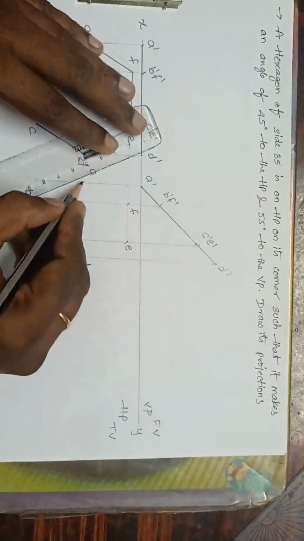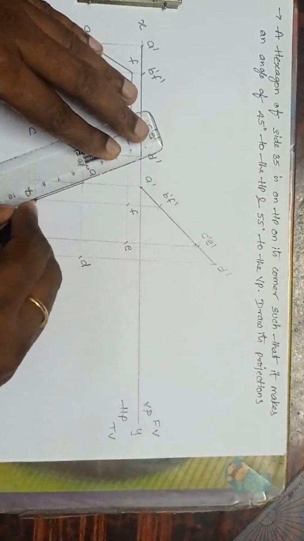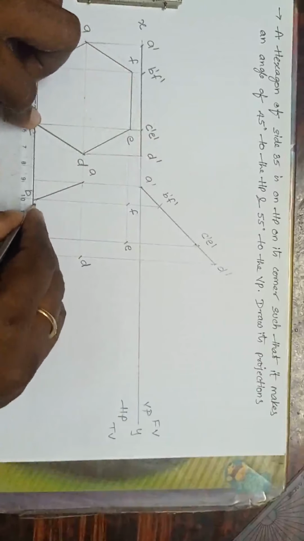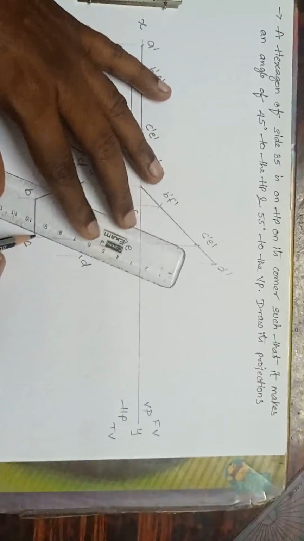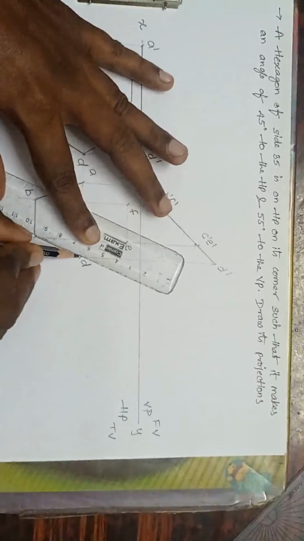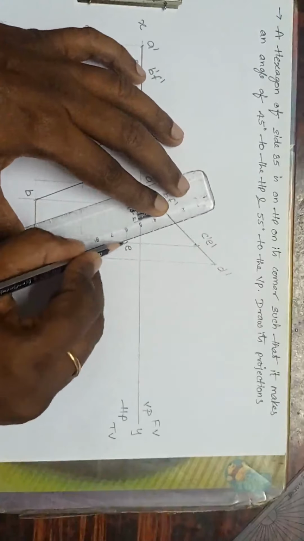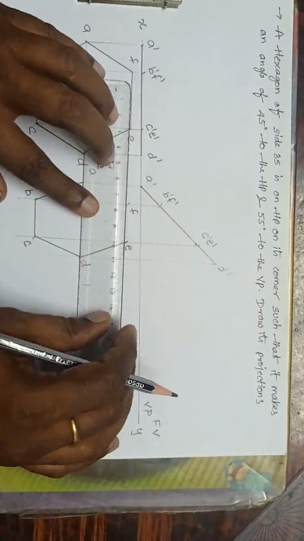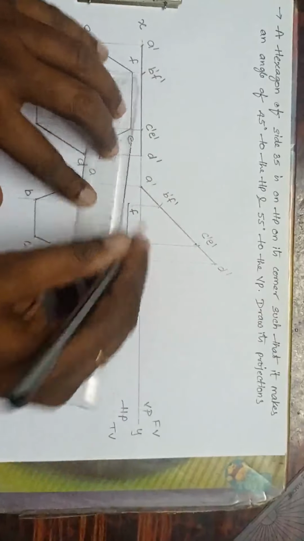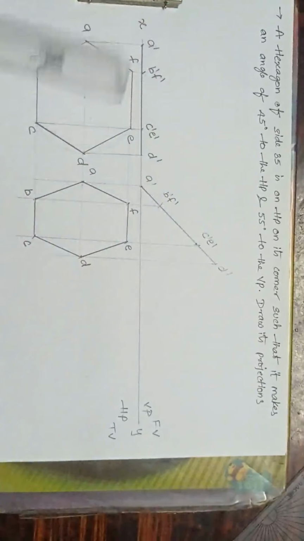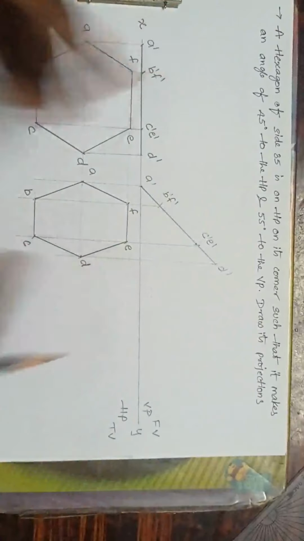Now join all the points: AB, BC, CD, DE, EF, and AF. The plane should be dark, very, very important. See, I have got the hexagon, somewhat compressed like this.